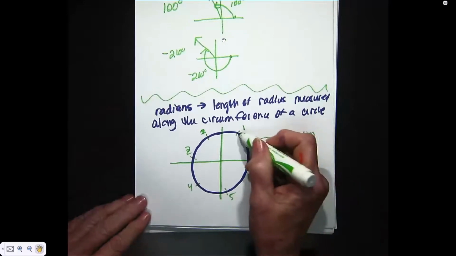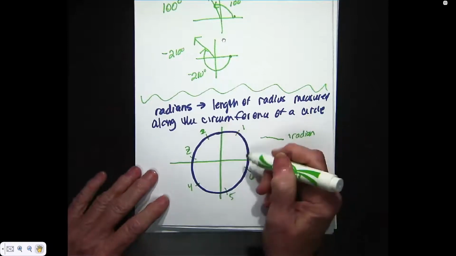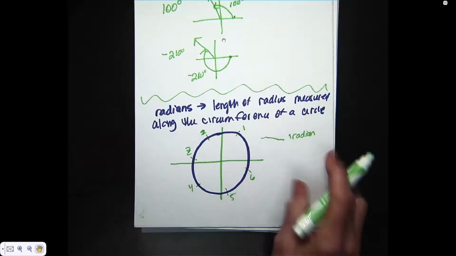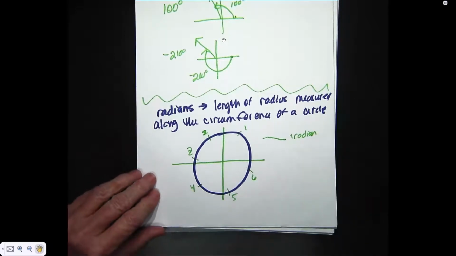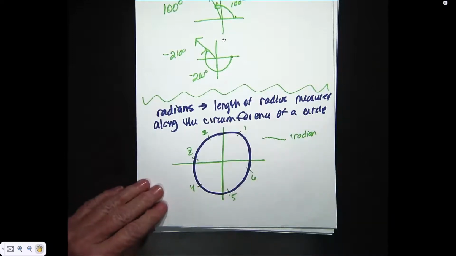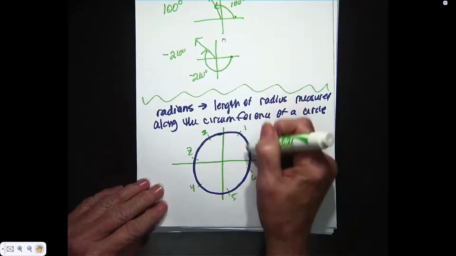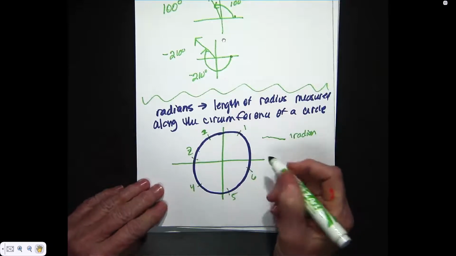So there are 6 and a bit radians in a circle. And it doesn't matter what size circle you have. If you can measure off what the radius is, it's still going to give you the same markings. There's 1 radian, 2, 3, 4, because they're all the same distance apart.